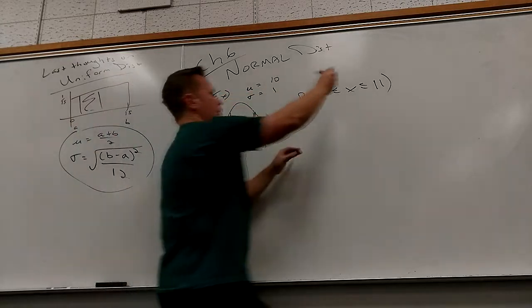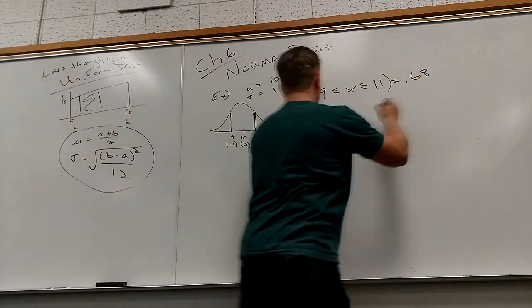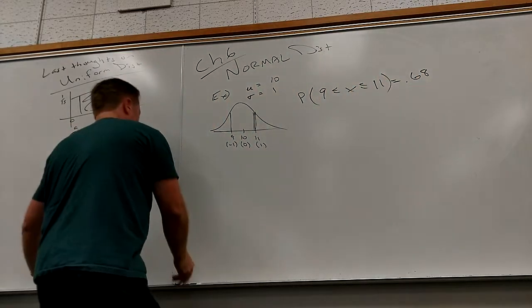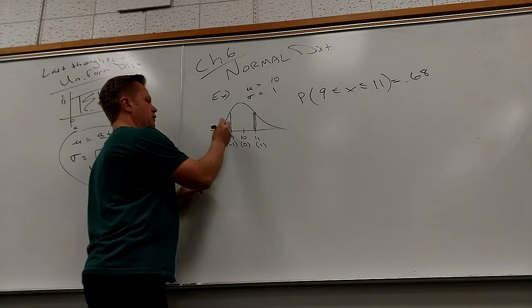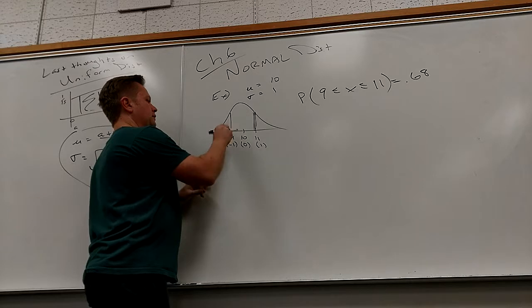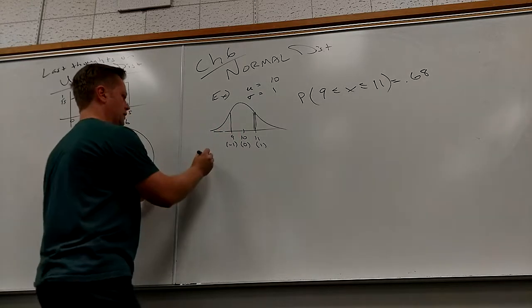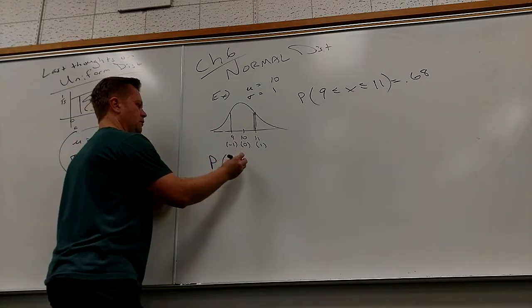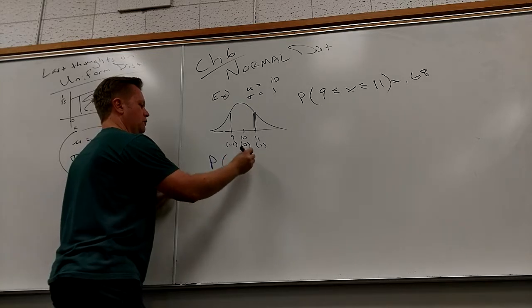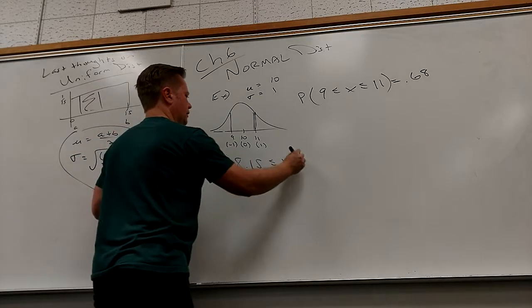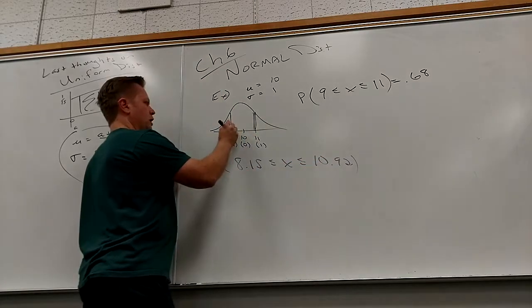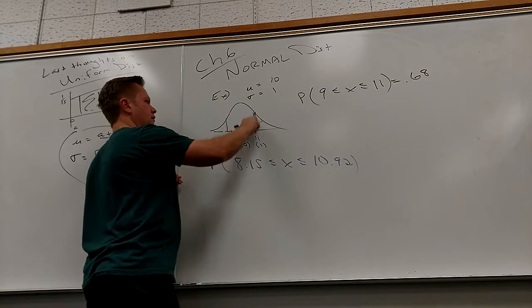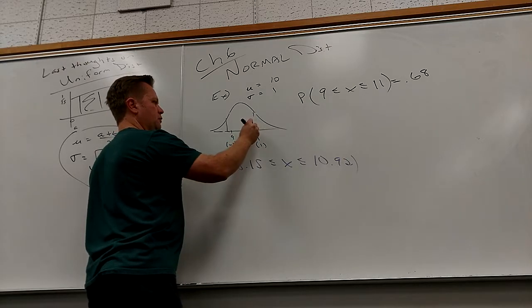So this is 68%. But what if I wanted to know the probability that it was from 8.15 up to 10.92?